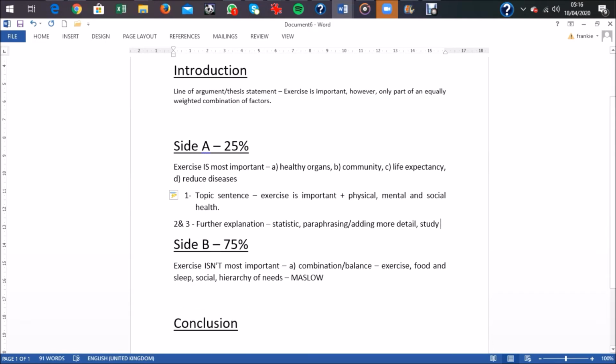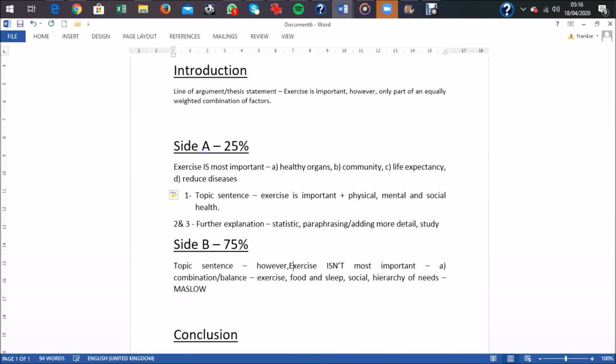But then you're going to say here is where you're going to really bring your opinion into the mix. So you could say in your topic sentence something like, guys, however, it's just a combination of equally weighted factors.